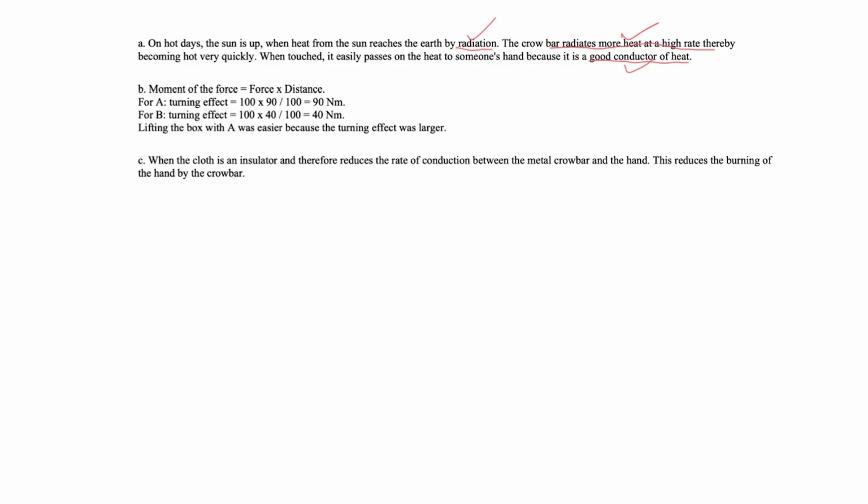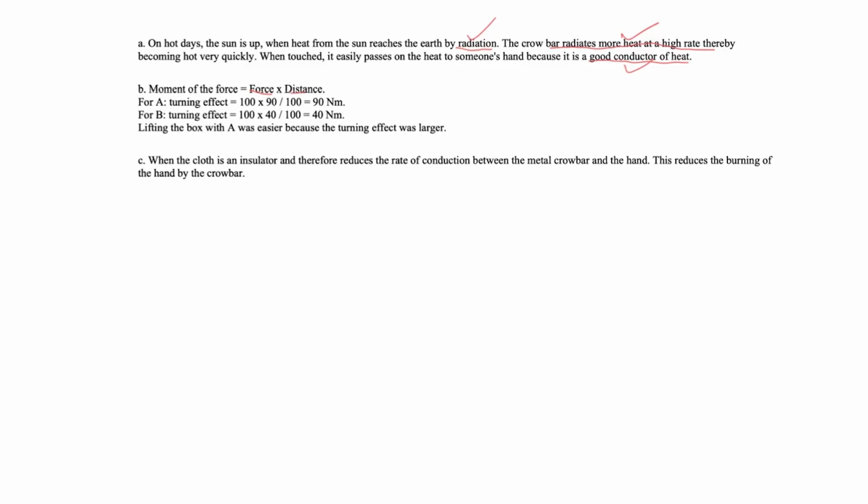Okay. Then part B, we are meant to identify the best position for holding a metallic crowbar such that we find no difficulty in lifting the box. In this case, we calculate the moment of force, which is force times the distance.